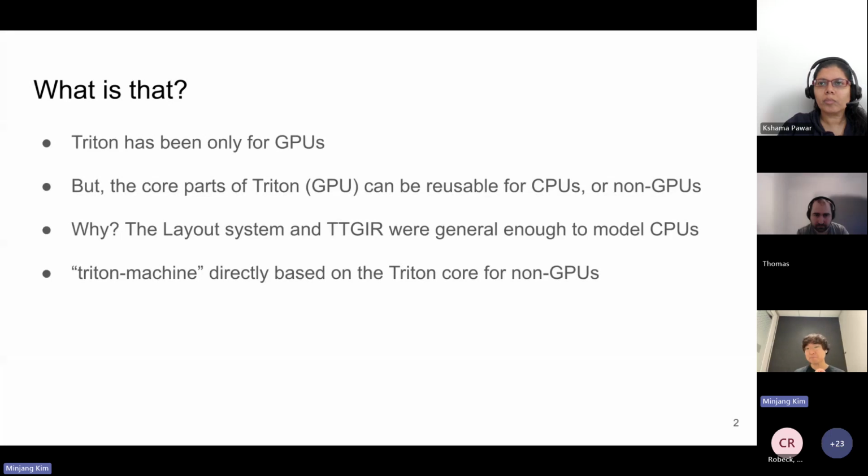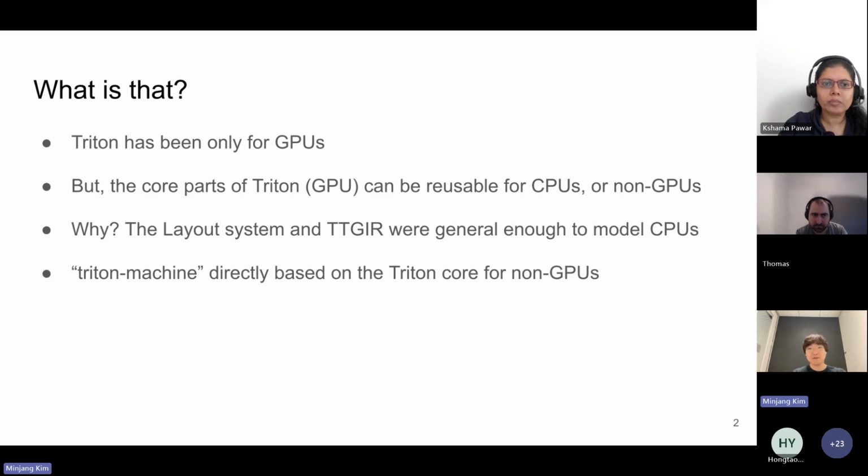But I did a quick experimentation. It looks like the core parts of Triton, I mean the GPU, can be reusable for the CPU, or, stretching a bit more, for non-GPUs.